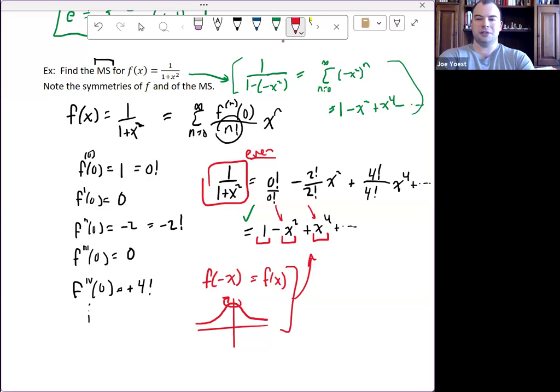The same goes for odd functions, right? If we looked at an odd function, one where f of negative x is negative f of x, or one that is symmetric under rotation by 180 degrees about the origin, those are called odd functions because their power series representation will only have odd powers.